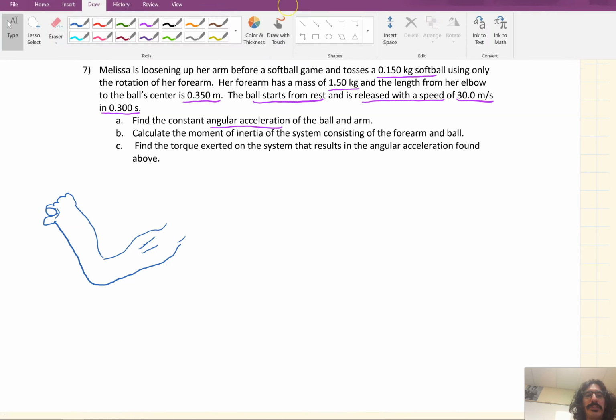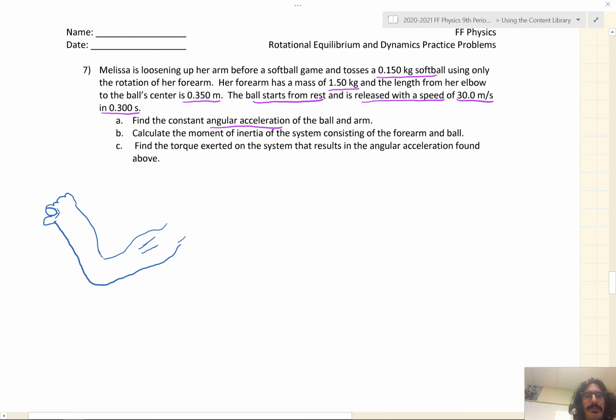So here we have a picture of Melissa's arm. It looks like she's on steroids and also has toes for fingers, but who cares about that? So let's just label our knowns first. We know that the mass of the ball is 0.150 kilograms.